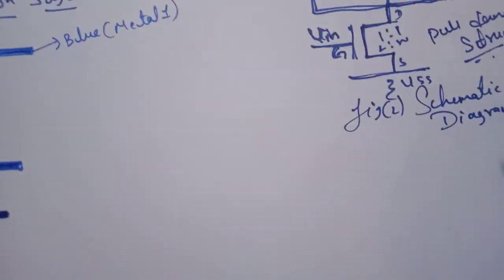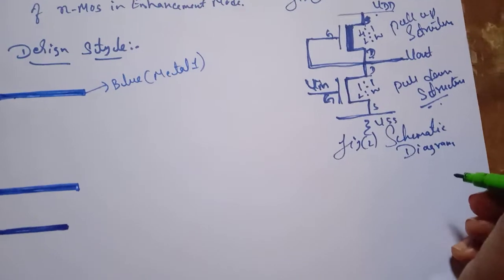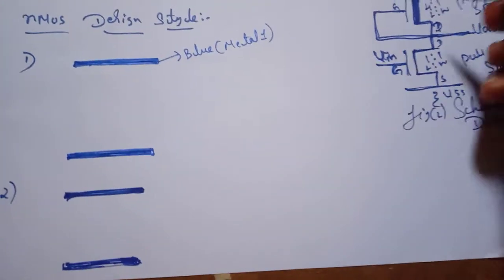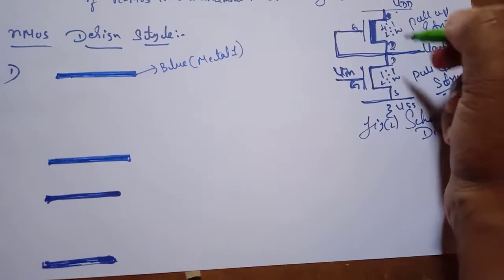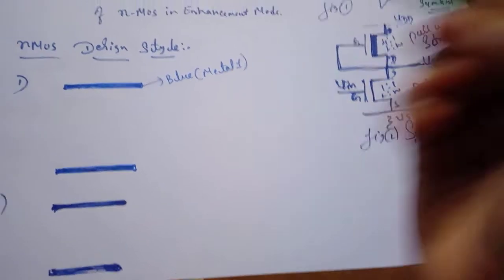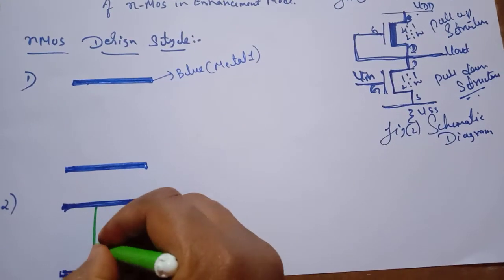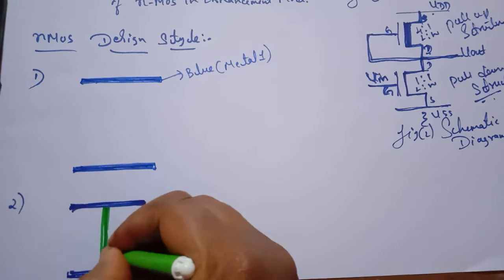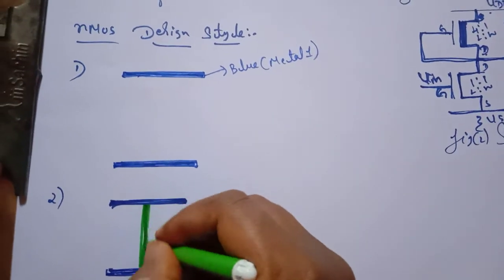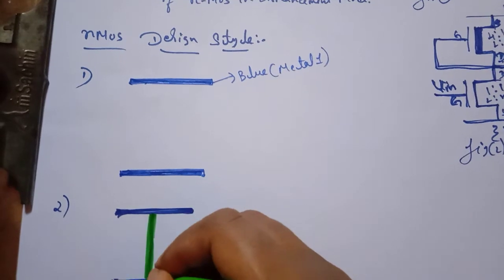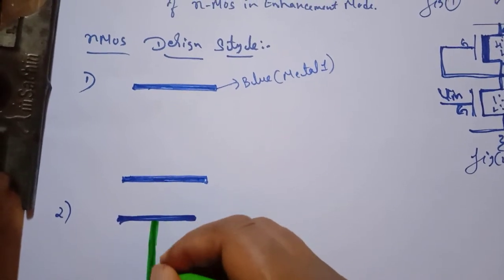As I already said, keeping a reference of a figure to the schematic diagram, we need to write a stick diagram here. In the figure, in step 2, where the NFET is common, the pull-up and pull-down structure, I need to use a green color that represents a diffusion that is drawn vertically from the top metal line to the bottom metal line.